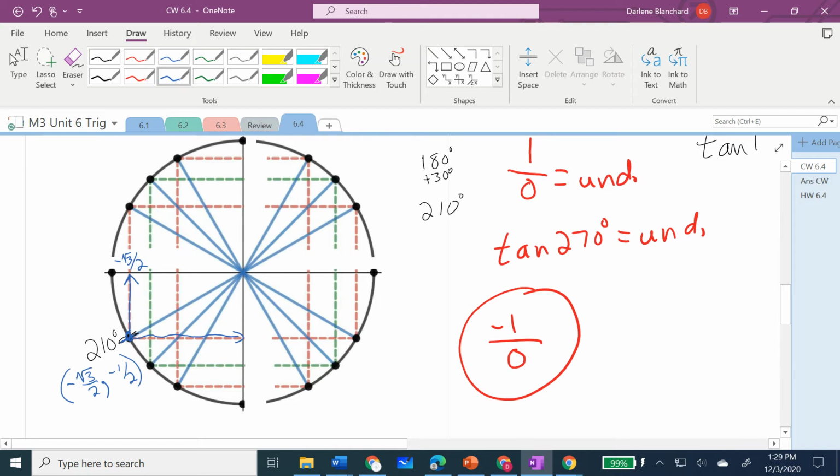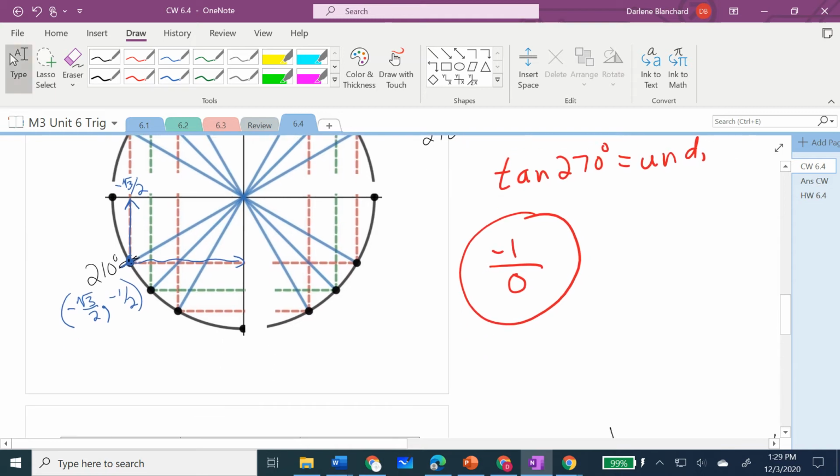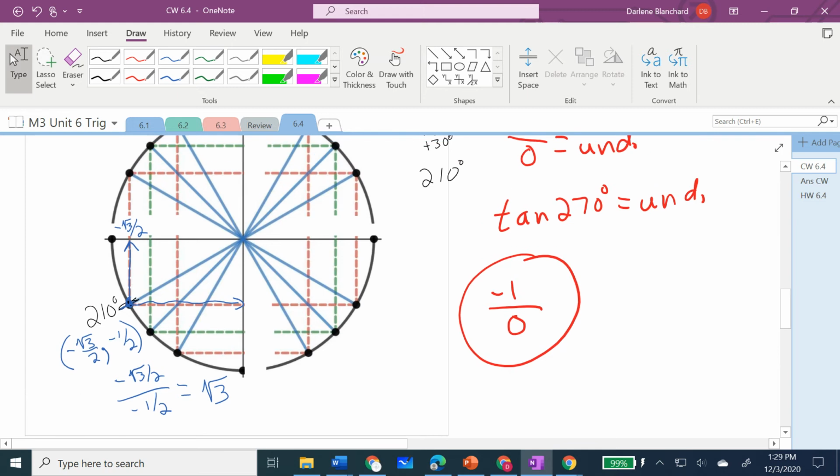Now, when I'm doing cotangent, I'm actually looking at cosine divided by sine. I'm looking at the x divided by the y. And that's giving me positive the square root of 3. Now, tangent of 210 is the reciprocal.